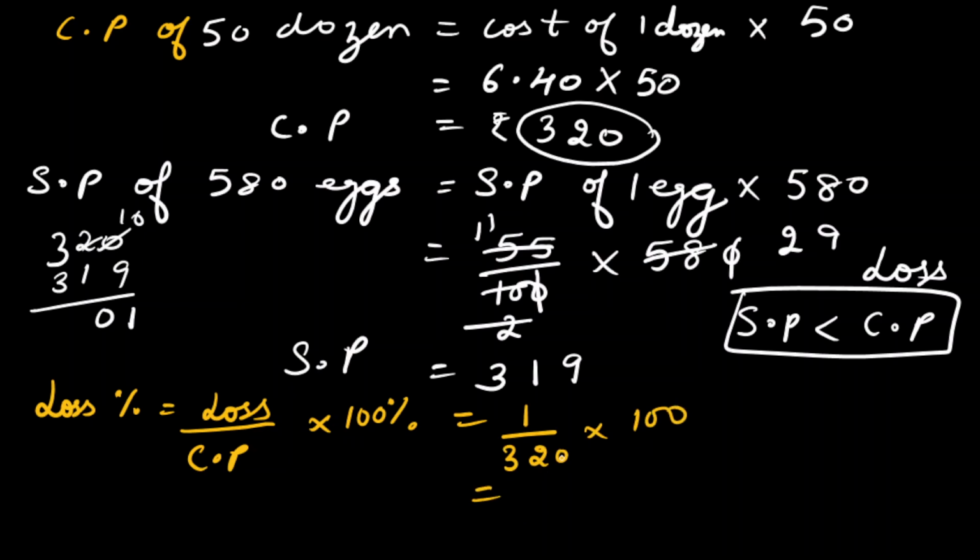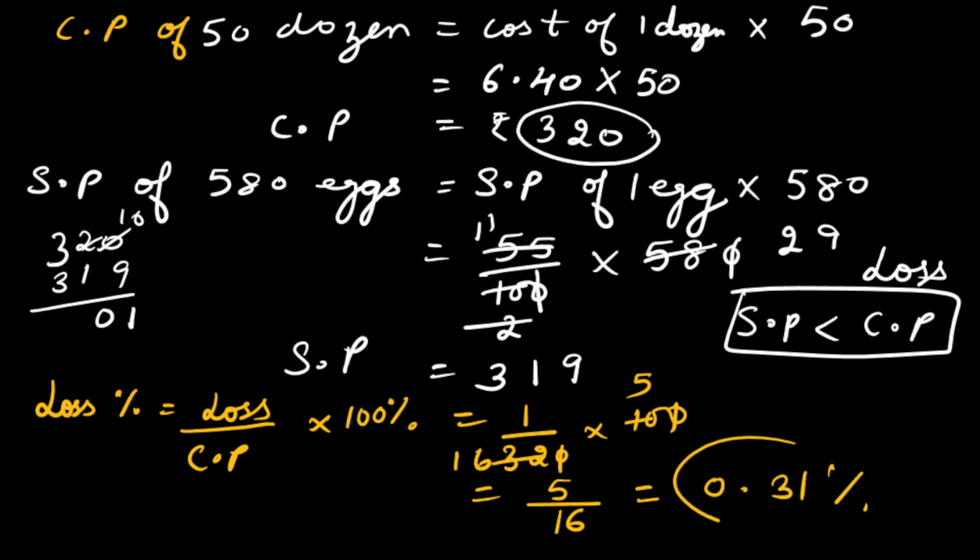The 0 and 0 get cancelled, then 2 into 16, 2 into 5. Further cancellation is not possible, so it is 5 by 16. If you divide, I am going to write the answer directly: it is 0.31%. The loss here is about 0.3%.